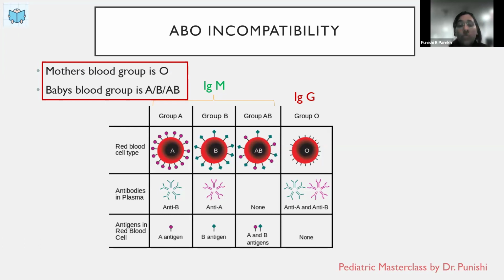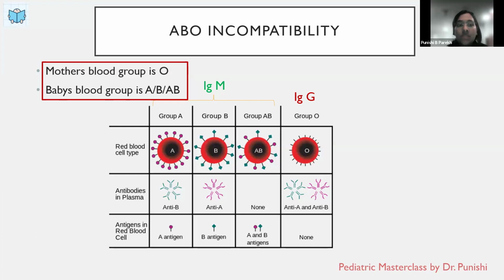That's why if I have to tell you clinical implication of this, every mother who has blood group O, which is again the most common type of blood group, we make it a point to try and collect the cord blood sample to find out the baby's blood group from the cord blood itself, instead of pricking the newborn, just to see that if the baby has either A, B, or AB kind of blood group, then you need to be more vigilant because they're at a higher risk of jaundice because of ABO incompatibility.